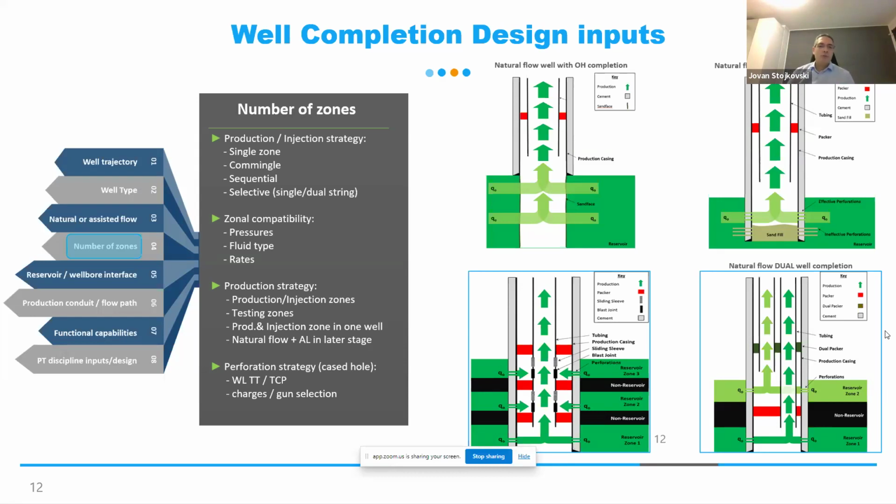When we come to the number of zones, this will also affect our perforation strategy. Just to come back to one of the tasks for the completion engineer, we need to look at how we will perforate the well. What will be the strategy to obtain the maximum inflow of your hydrocarbons?